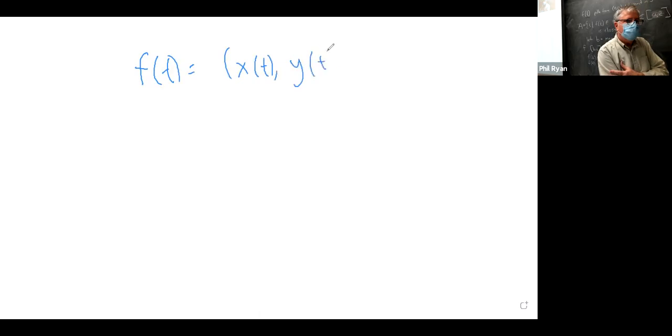Let's think of it: a path is a parameterization, right? So we can think of f of t equals some x of t, y of t.